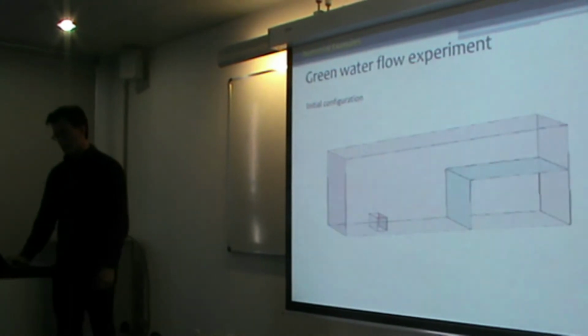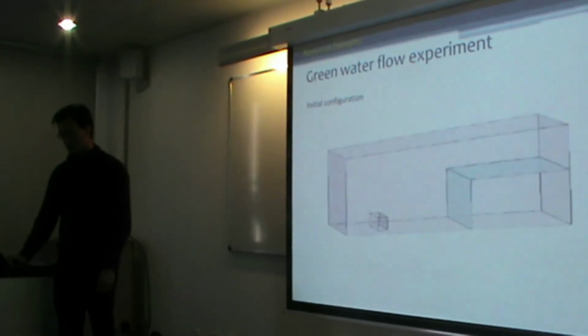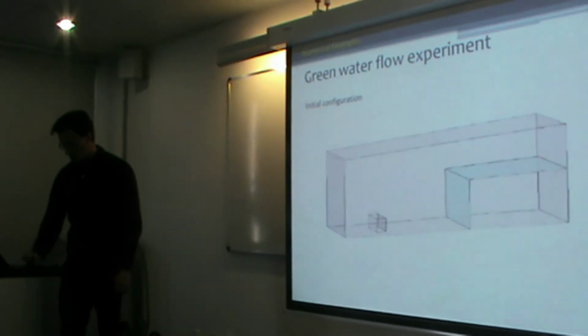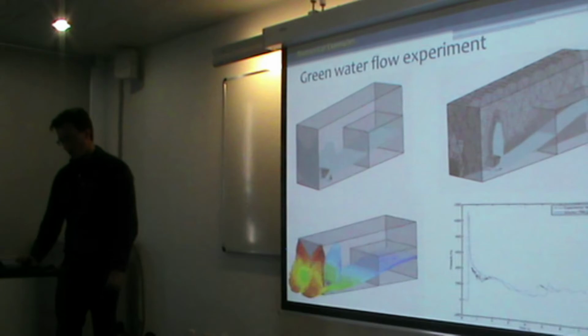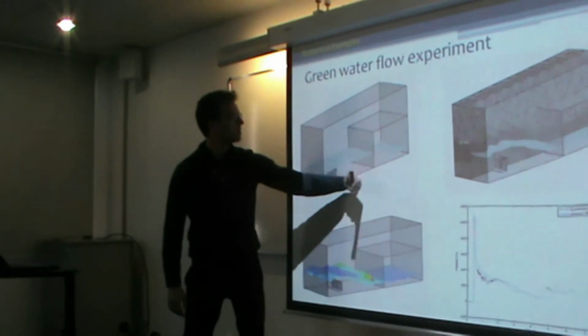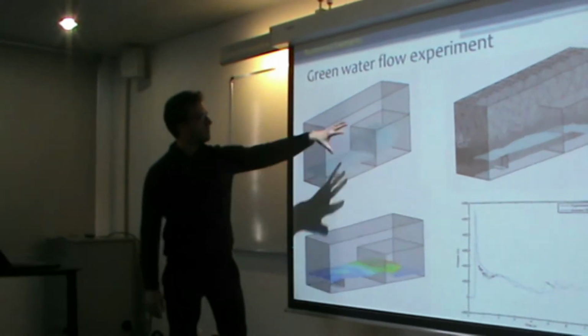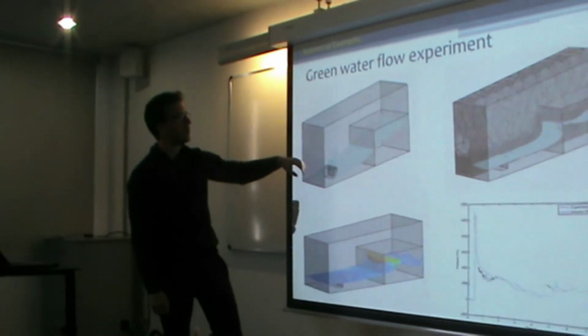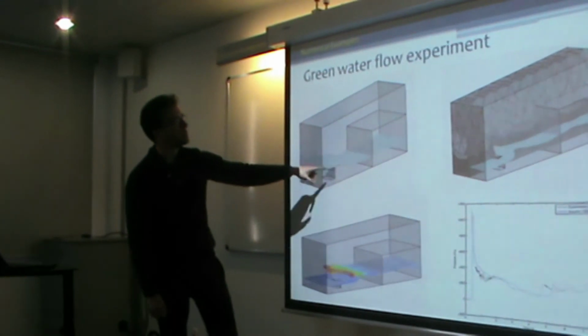And finally, this is the dam break experiment or remote flow experiment. And in this case, we are using the same approach. Okay, there is some wall here which is going to open, and then the flow is going to start. The water is going to start moving, and it will impact this object here.